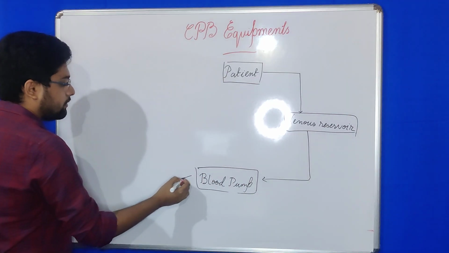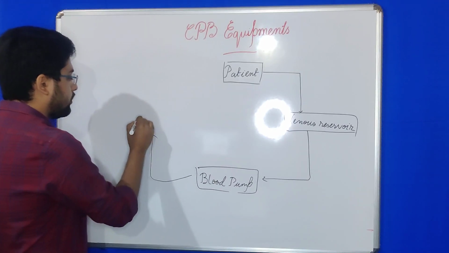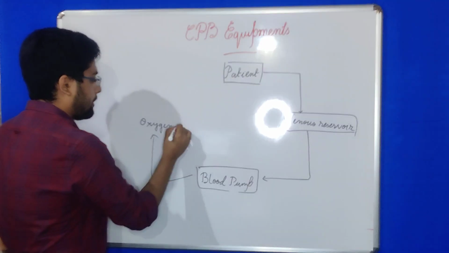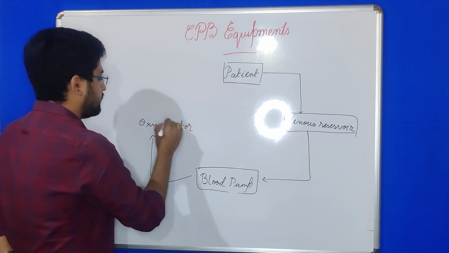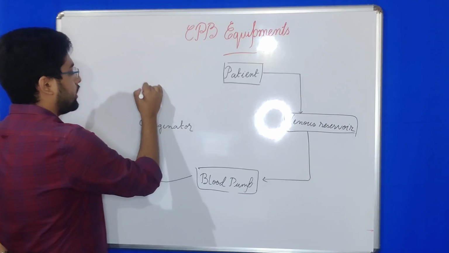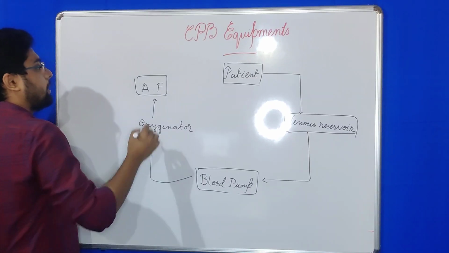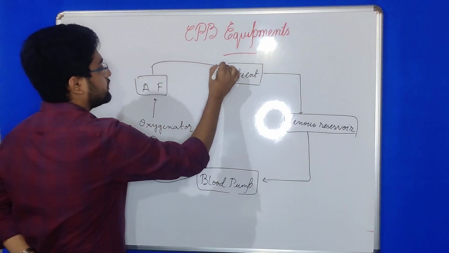From the blood pump, blood is pumped to the oxygenator. From the oxygenator to the arterial filter. From the arterial filter to the patient's aorta.